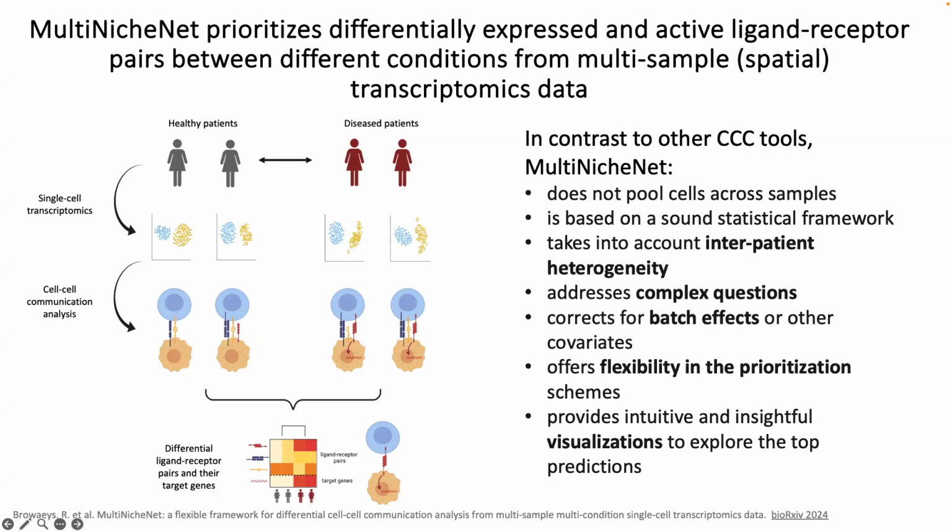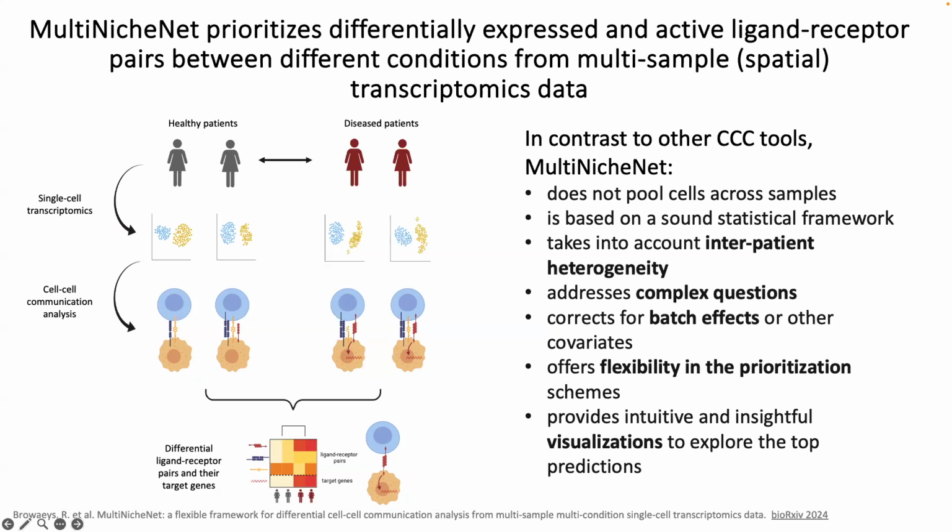For that, we developed multi-NicheNet. Multi-NicheNet is a multi-sample, multi-condition version of NicheNet that allows you to model complex designs and correct for batch effects and other covariates, and offers a lot more flexibility in the prioritization scheme.